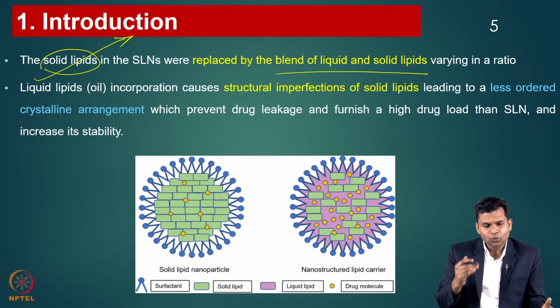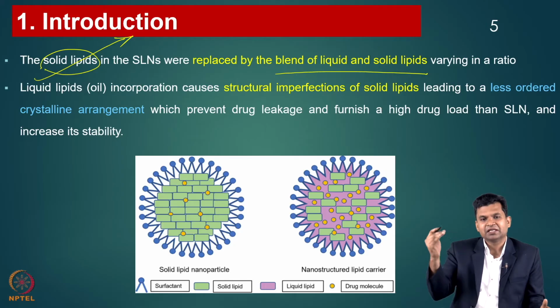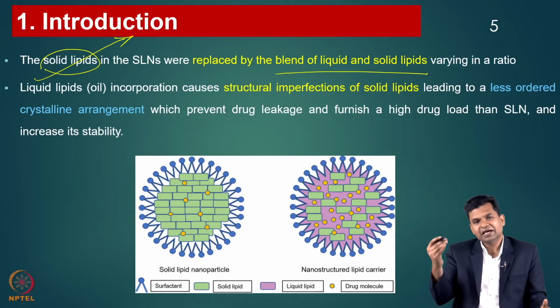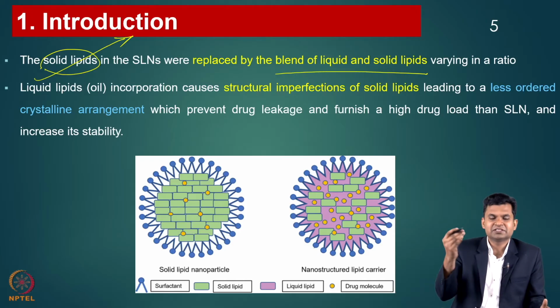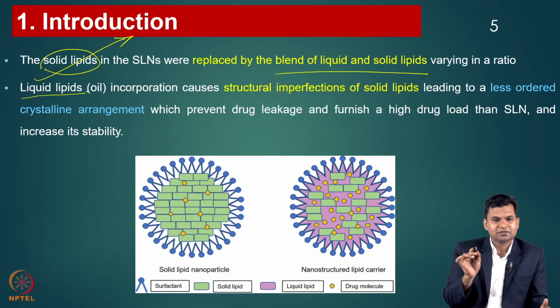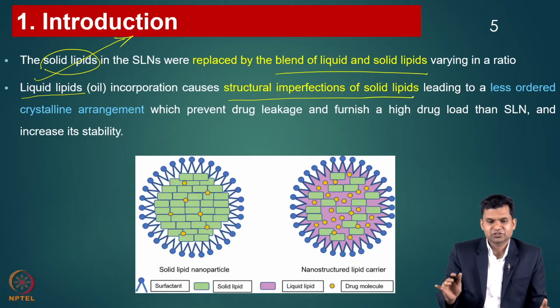Now, how will these liquid lipids help in drug loading, and how will they change the properties of the lipid formulations compared with SLN? Liquid lipids are oils. Their incorporation causes structural imperfection of the solids.